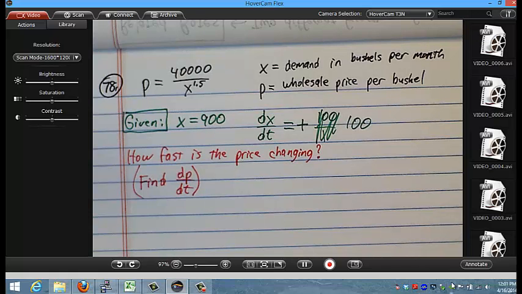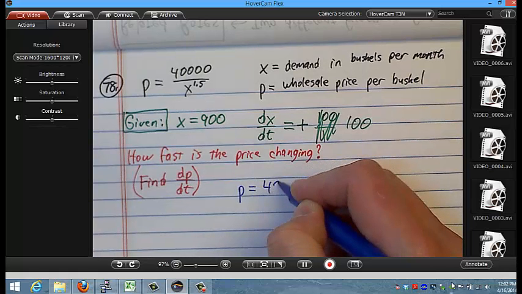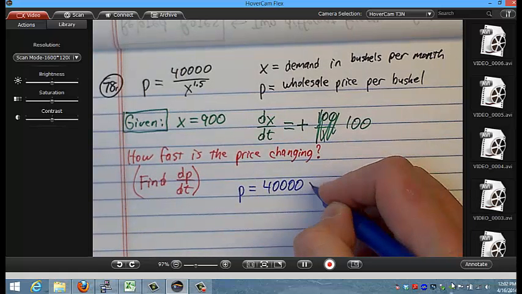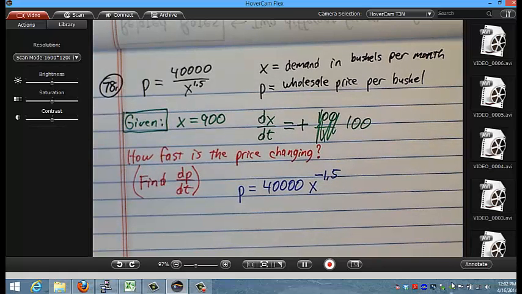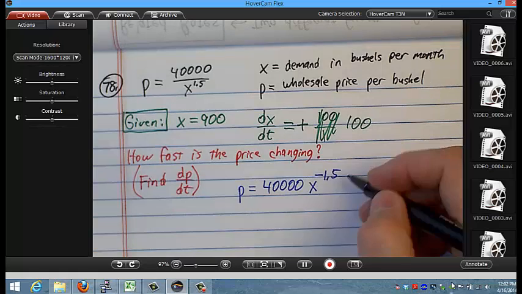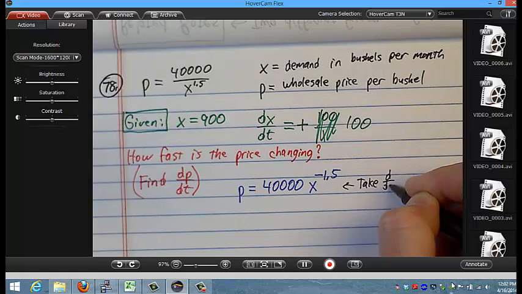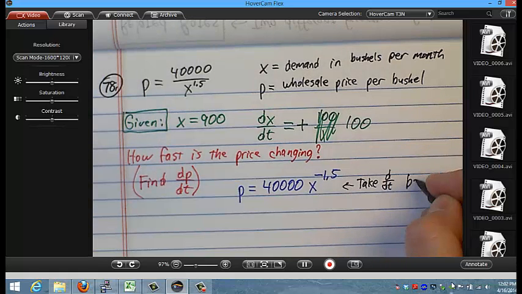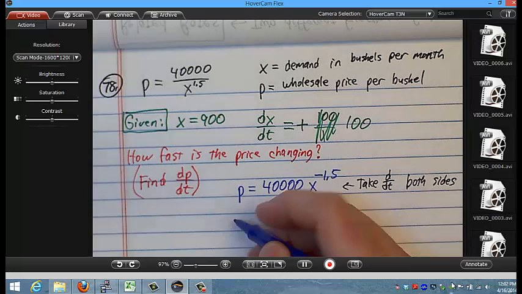So that's not hard. I guess I would just write down P equals 40,000. How about we write it as x to the negative 1.5? And then what am I going to do to both sides? Take the derivative. Which derivative? Take d dt of both sides. The left-hand side ends up being very easy here.